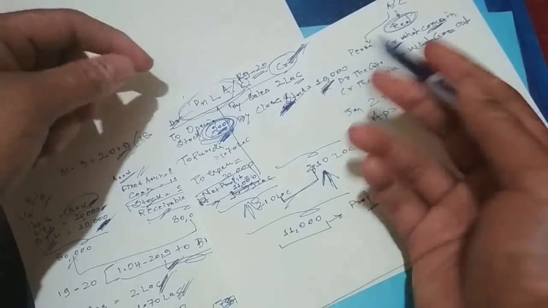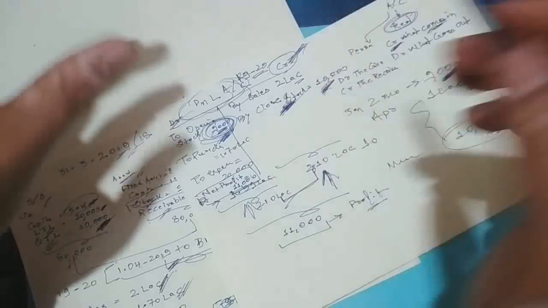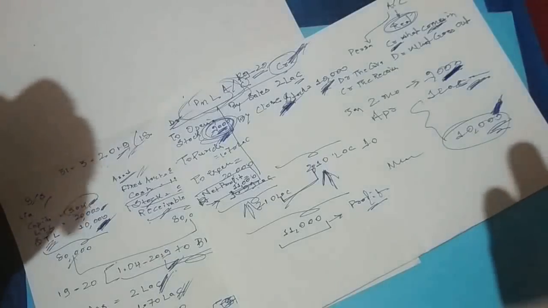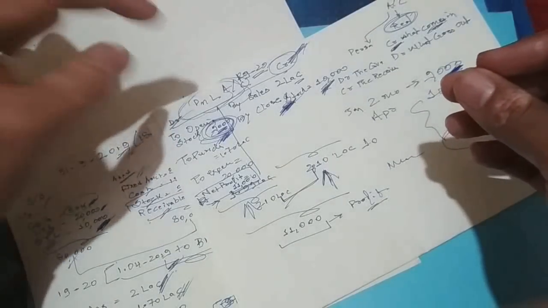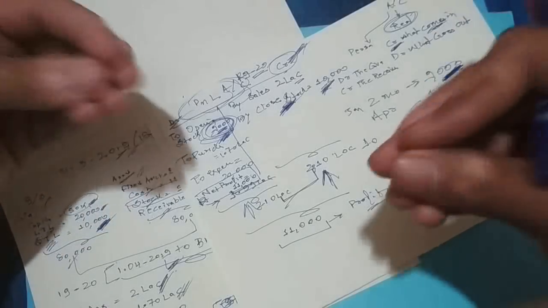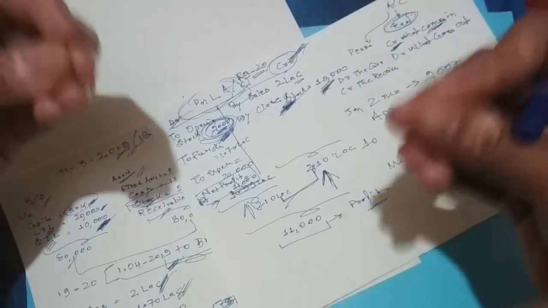For example, if some company, like our bank, Punjab National Bank, by seeing this profit and loss account, PNB can say yes, we are in loss, or yes, we are in profit.